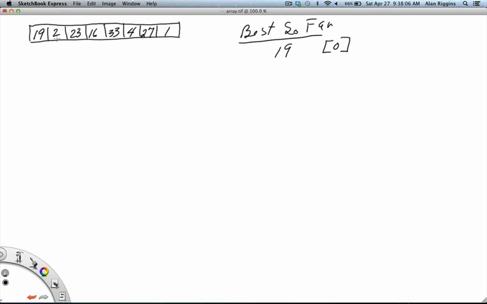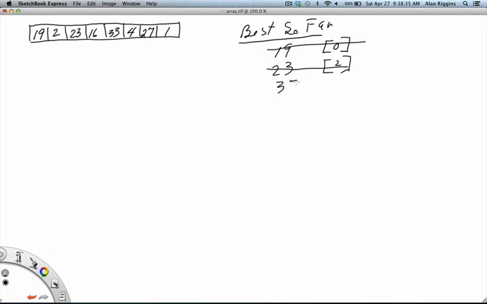We're looking for, again, the largest element in the array. So the 2 is not larger than the 19. 23, oh, the 23 is larger. Okay, we've got a new best so far. We have the 23 at index 2, that one's better. 16, nope. 33, yes, the 33 is better.